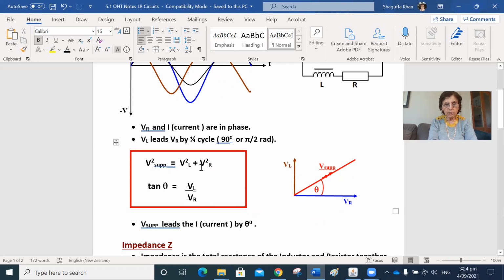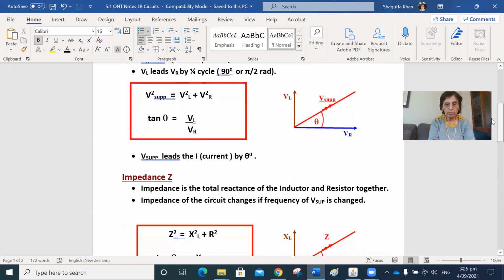VL squared plus VR squared will give us the V supply or V generator. So that's the supply voltage. Now, current will always be here. Because these phasors go in an anti-clockwise direction, we can see that the supply voltage is ahead of the current by this many degrees. And how do we find this angle? By using tan theta, which is VL over VR.